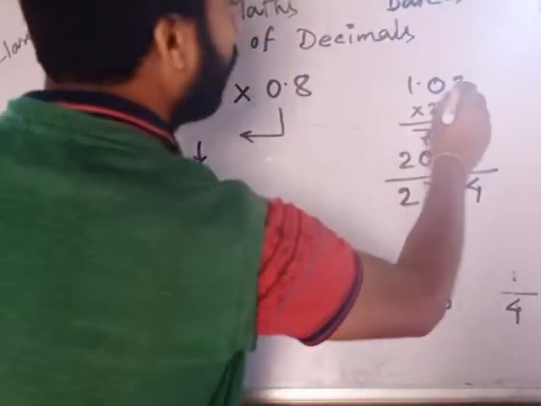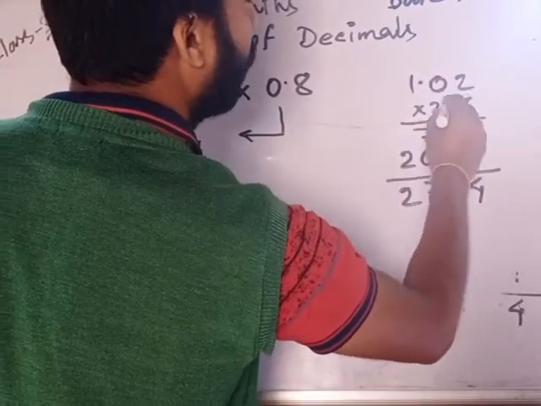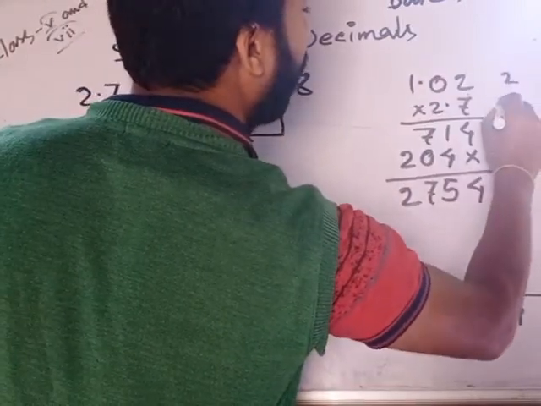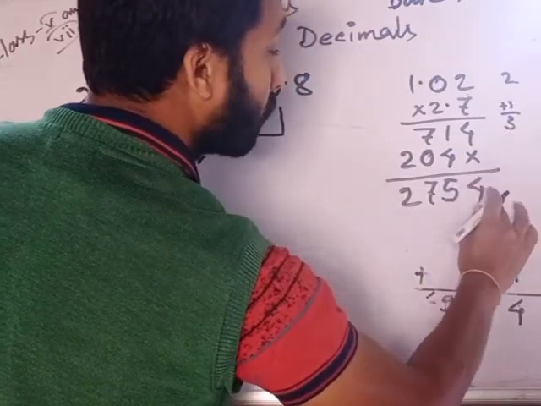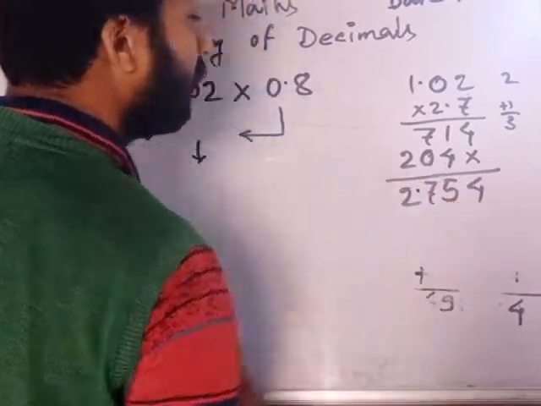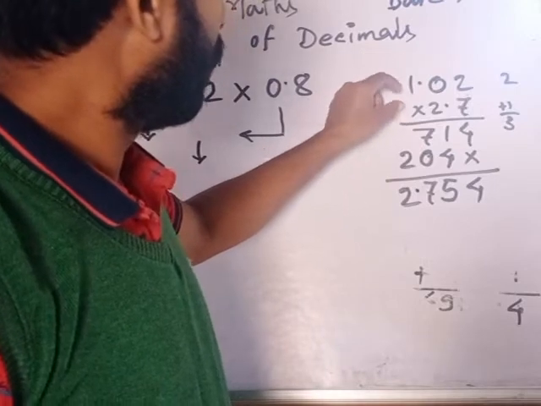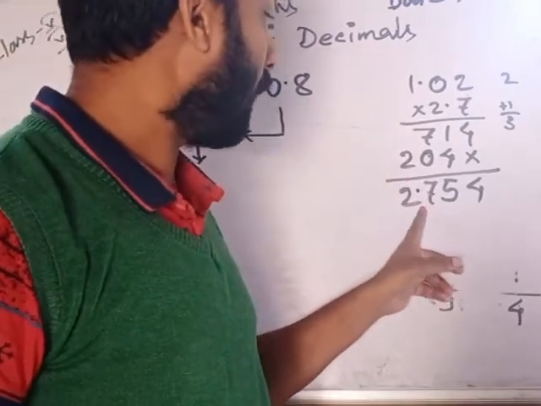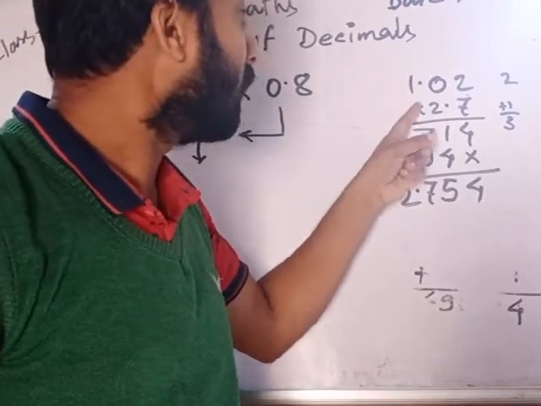But the point from this number goes back 2, and from this number 1, that is 3. So the point goes back 3 digits. So I suppose the point is in here: 1, 2 and 3. You should take the point from the multiplicand and multiplier numbers.